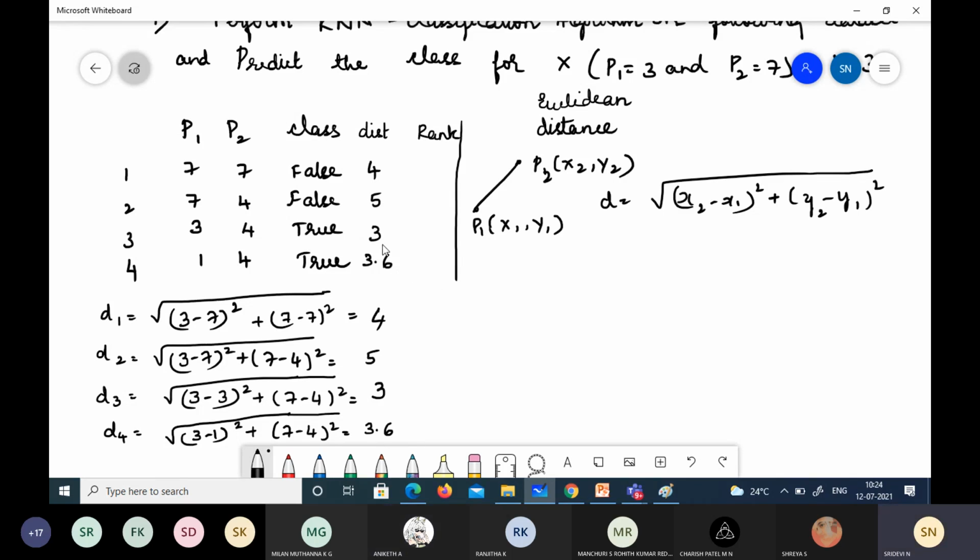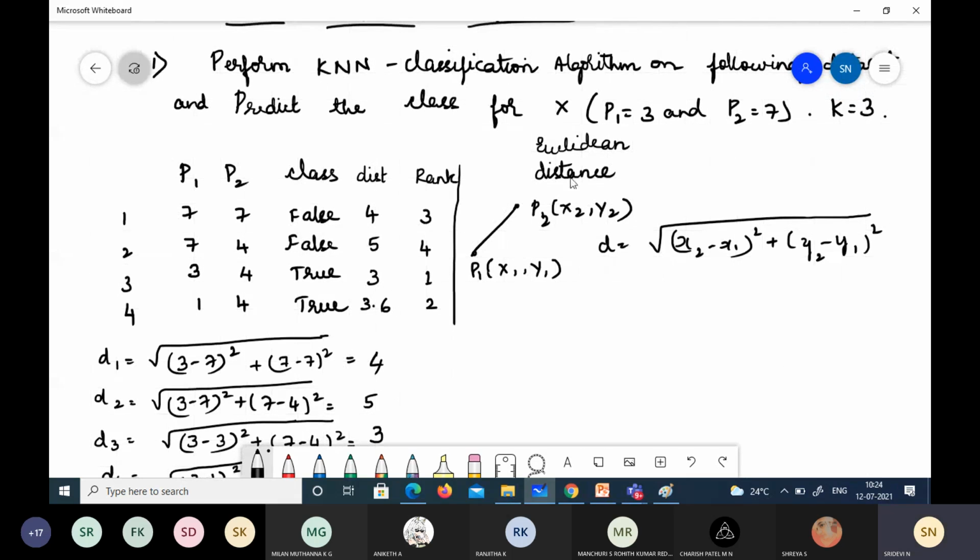Yeah, so we will have this. Now we will rank it starting from the minimum distance. So this comes under rank 1. Then we will have this rank 2, rank 3 and rank 4. Okay. Now, what is K? K is given as 3, isn't it? K is 3.